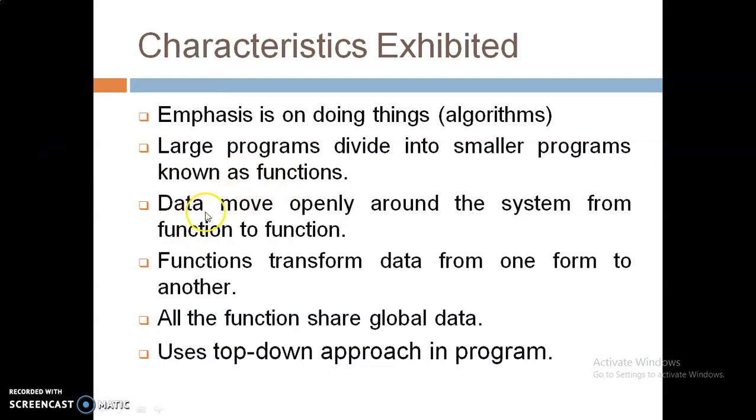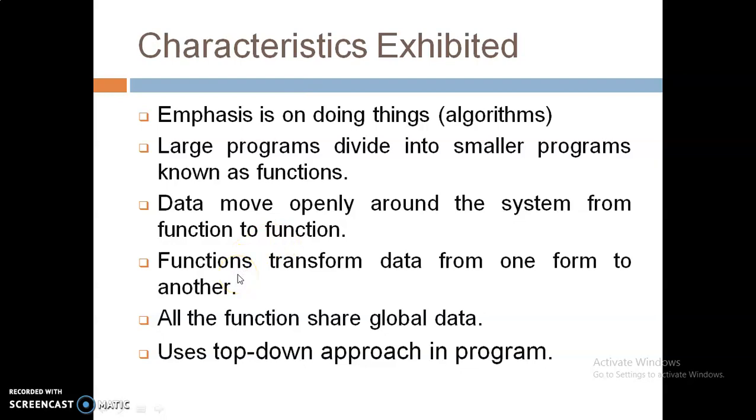The third thing is data moves openly around the system from function to function. From the previous figure, we have seen that global data is shared among different functions. So, we can say that data moves openly around the system from function to function.